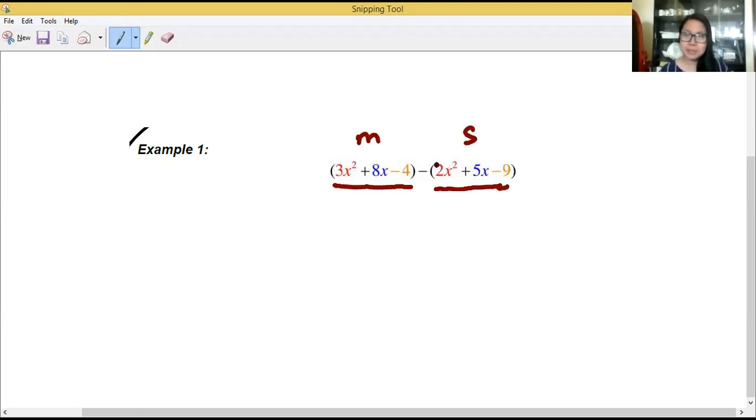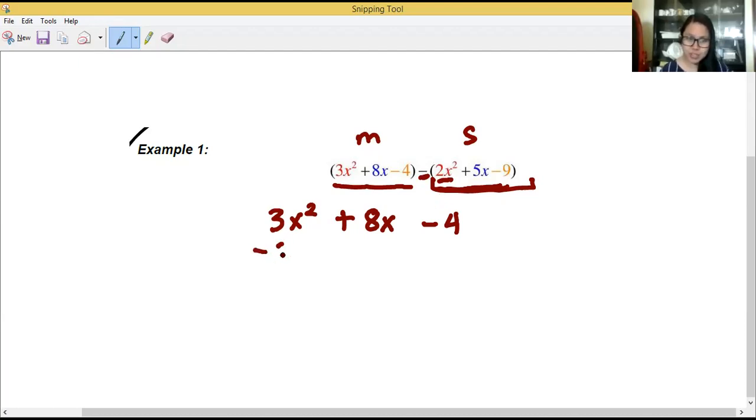The first step says that we need to change the sign of the subtrahend. So this one, let's first copy our minuend. 3x squared plus 8x minus 4. Next, we change the sign of the subtrahend. So it's after the minus sign. 2x squared becomes negative 2x squared.